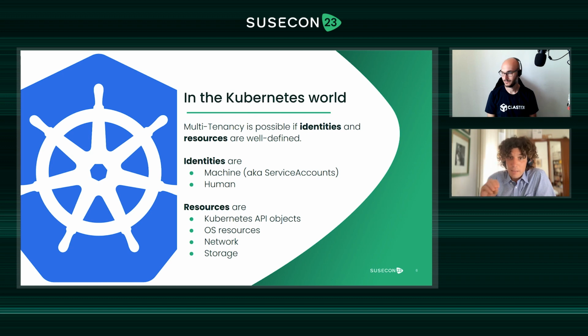We have identities defined on our Kubernetes platform, so that we can interact with our Kubernetes cluster as a human or as a machine with a service account. We can define different permissions and roles in our Kubernetes cluster on different resources. Okay. And what are the Kubernetes resources? You see that here. So we can have Kubernetes API objects or resources from the operating system, network, storage, and so on.